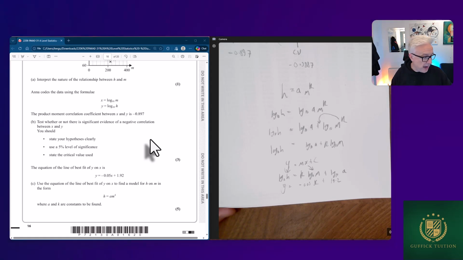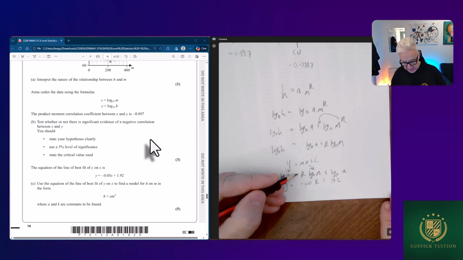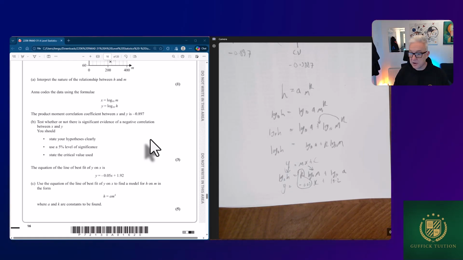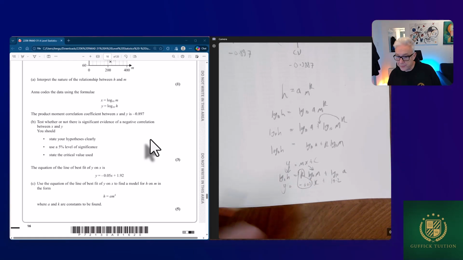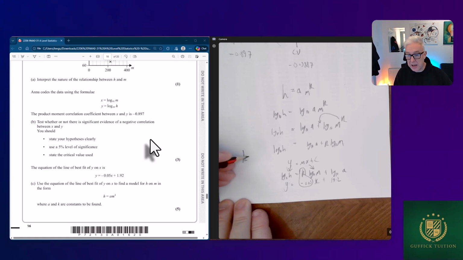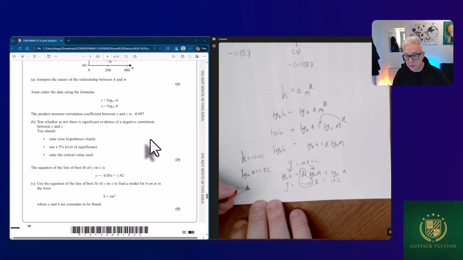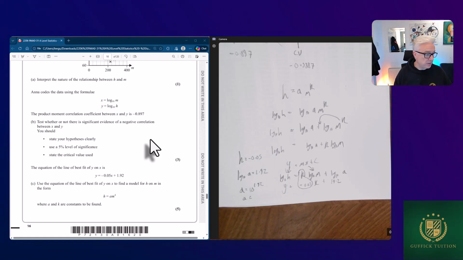We can see that k can be directly read from the graph. k is minus 0.05 because k is the gradient of the graph. So we found our k. k is equal to minus 0.05. And we can also say that log to the base 10 of a is 1.92. So therefore a is 10 to the power of 1.92, and that's going to give us our a when we work that out.